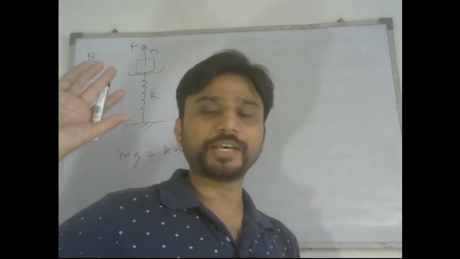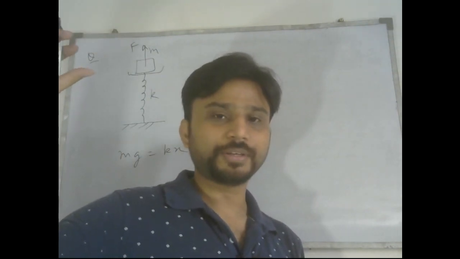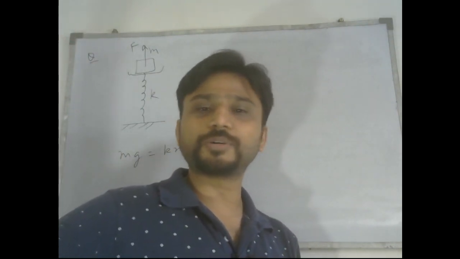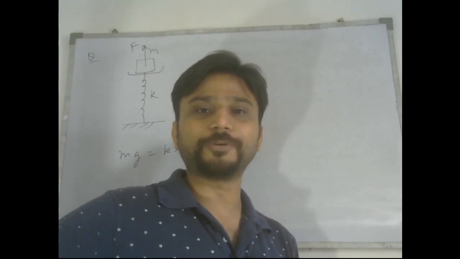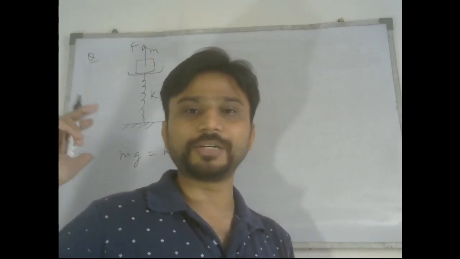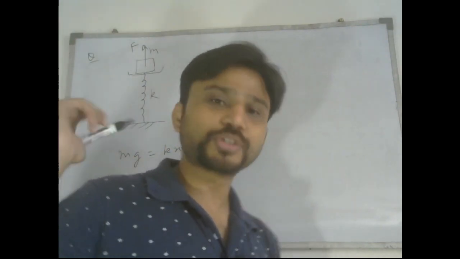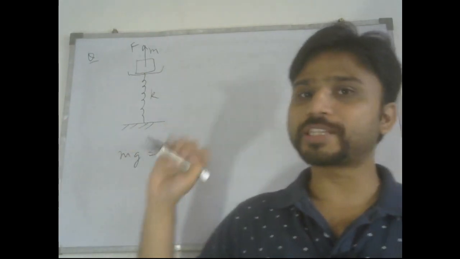Now we reduce F by a very small amount. Now that small amount is taken by kx. Then again we reduce F by a very small amount, and the reducing of F and the gaining of kx happens simultaneously throughout the motion. And at the point of the motion when mg is equal to kx, we have brought it to equilibrium.